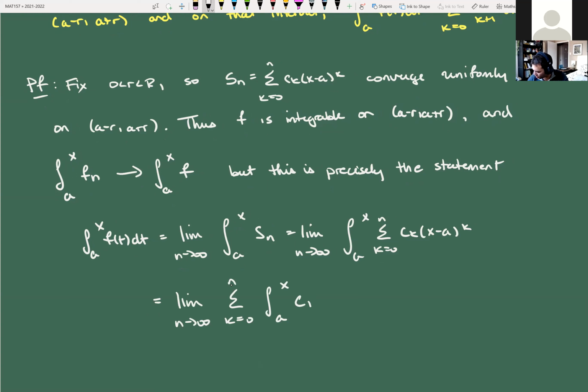Oops, so c_k, I guess I could take the c_k out too, but whatever. Oh, sorry, I guess these should be t's because I'm integrating with respect to t. So c_k, and then we know how to integrate polynomials, right?